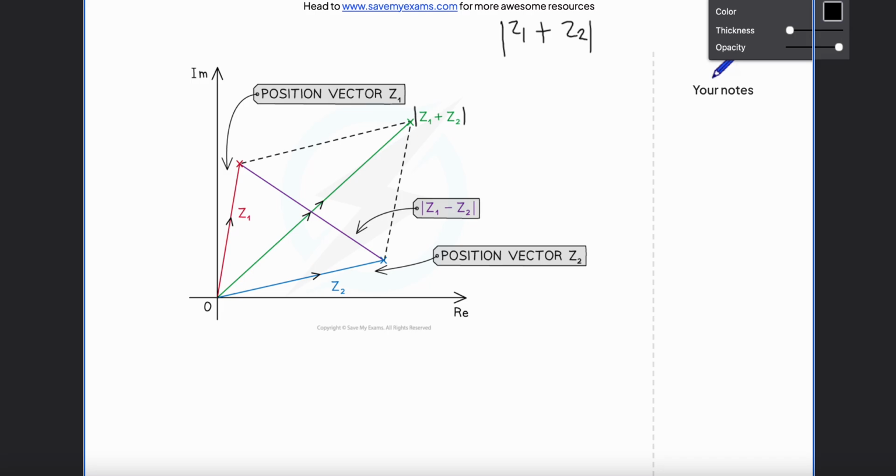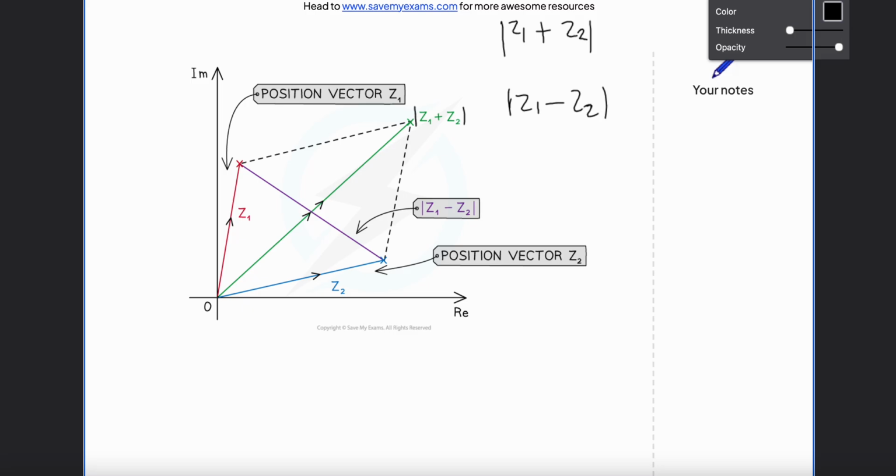And then the other diagonal that is connecting Z1 and Z2 is now representing the modulus of Z1 minus Z2. So in a nutshell, what I'm saying is when I have modulus of Z1 plus Z2 and modulus of Z1 minus Z2.